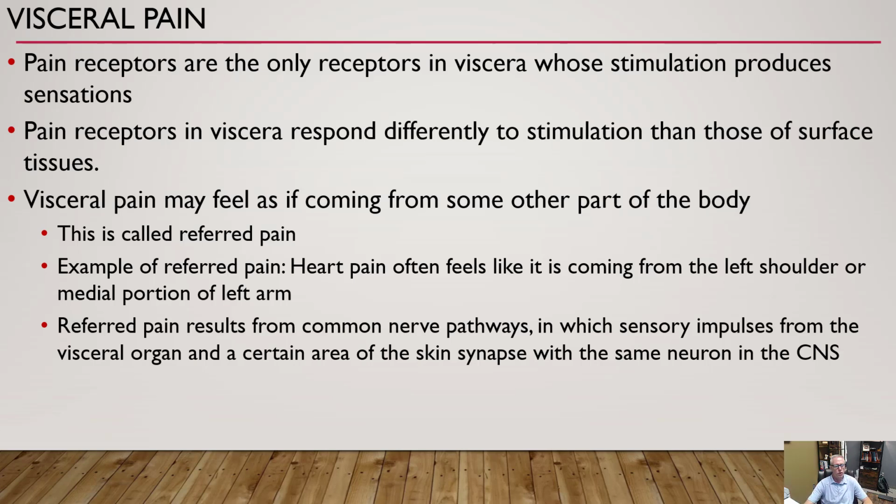If you remember from several chapters ago, we had those dermatomes, and we had a slide picture of those dermatomes, with a bunch of different lines on the body, and we could say that if I had pain sensation in my nipple area, that could be traced back to a specific spinal nerve.